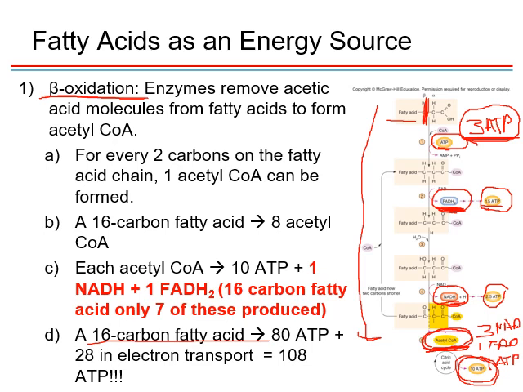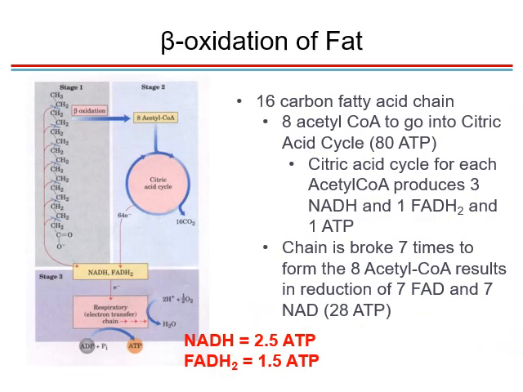Let's go to the next slide. So let's look at breaking down a 16 carbon fatty acid. How many acetyl-CoA can we yield from this? Each acetyl-CoA is 2 carbons, so 16 divided by 2, 8 acetyl-CoA.